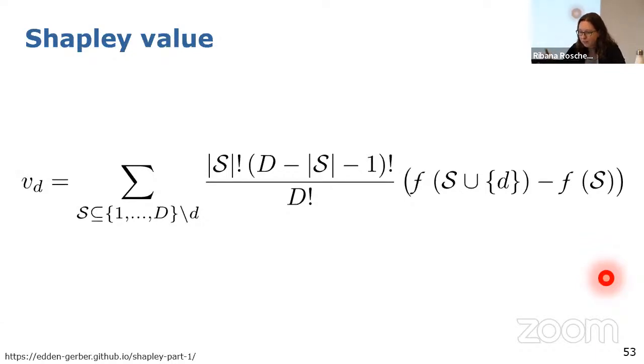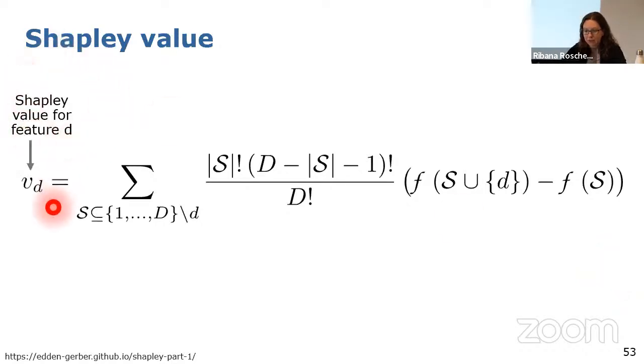So given all this information and the definition of the Shapley values, let's have a look at how they can be computed for a single prediction. That means a single input sample. So first of all, this is the Shapley value for feature D. So V is the Shapley value, D is the index of a feature.